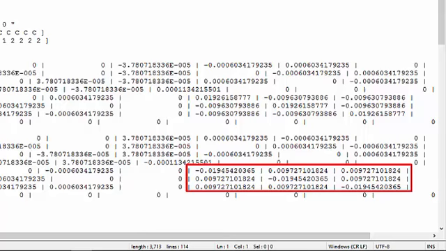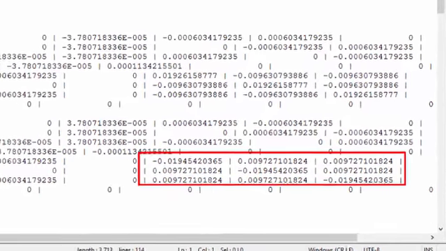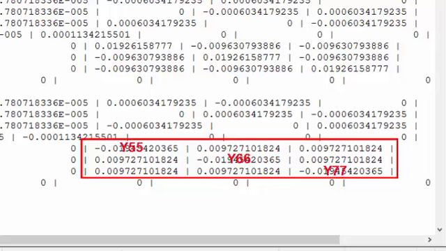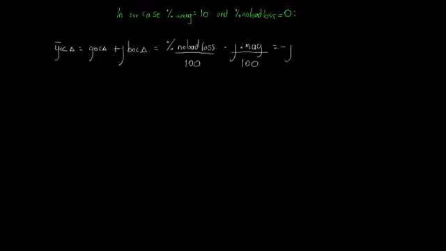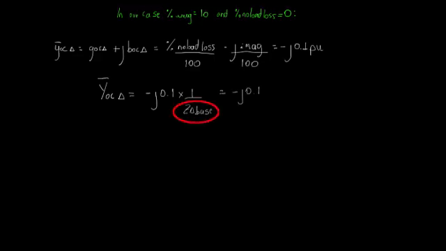The susceptance related to a magnetizing current of 10% has been added to the elements Y55, Y66, and Y77, and subtracted from the elements Y56, Y57, Y65, Y67, Y75, and Y76. This admittance can be calculated through the same process we used for the single-phase transformer. Pay attention that for this case, we have to use a base impedance for the delta connection.